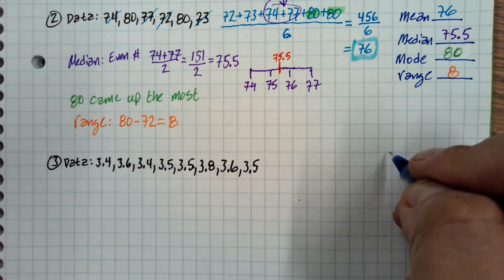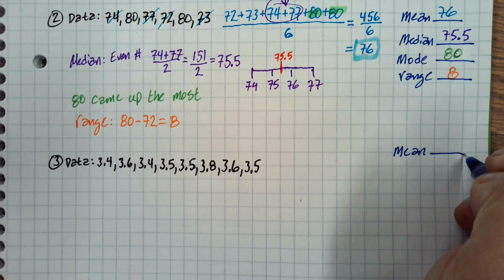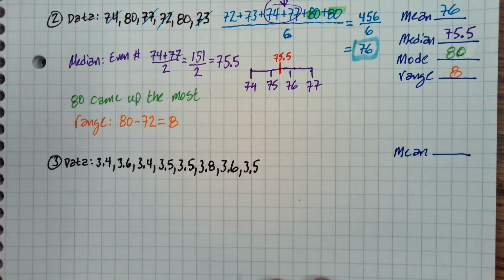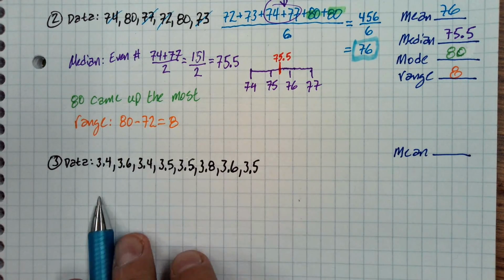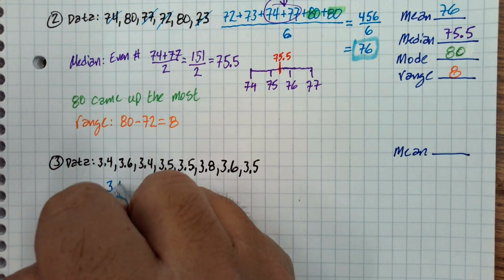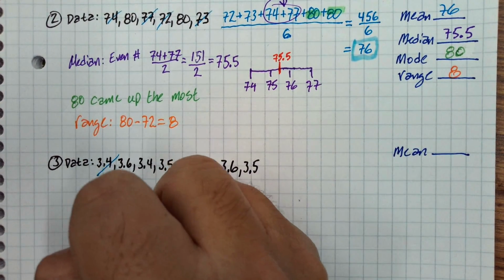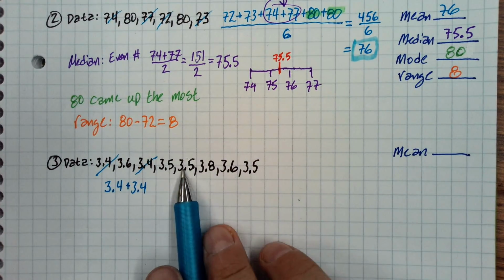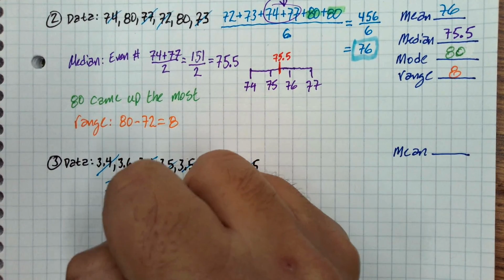And the first thing we're going to find is the mean. So we have to add these numbers. The smallest number is 3.4. That happened 2 times. Then we have some 3.5s, 3 times.